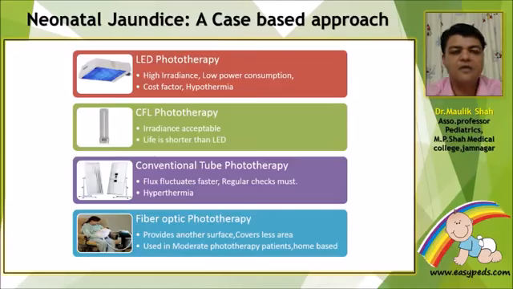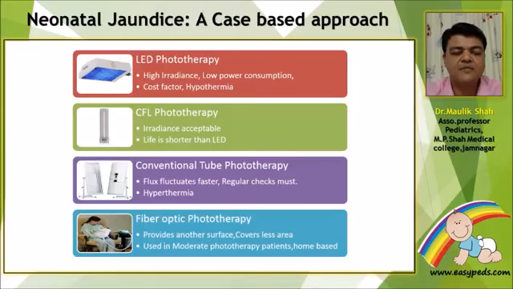One other thing we need to remember is that tube light generates a lot of heat. So if the baby is under a warmer and under phototherapy, there is a lot of heat generation which can lead to hypothermia in these babies, and there will be increased insensible water loss that we need to keep in mind. Fiber optic phototherapy is commonly known as the wraparound Billy blanket, the popular name for this phototherapy.